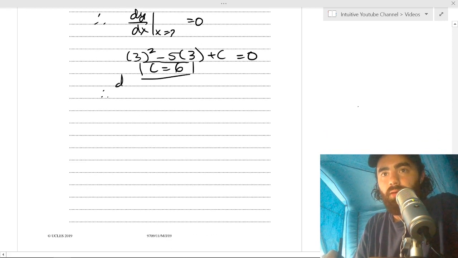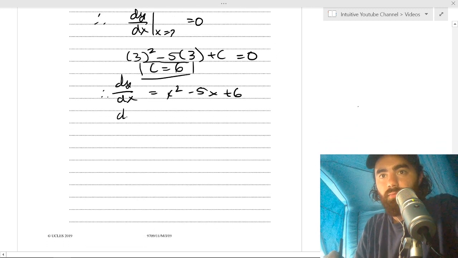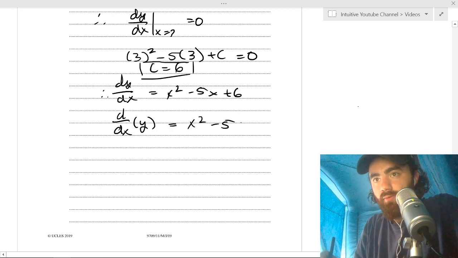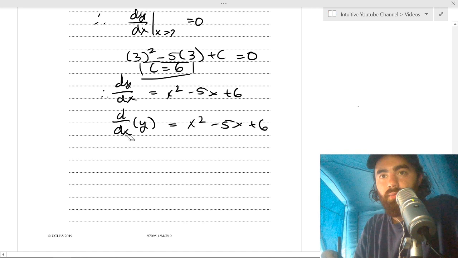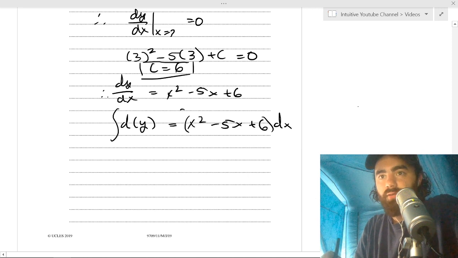So therefore we get dy by dx equals x squared minus 5x plus 6. Again, this is the same as saying dy/dx equals x squared minus 5x plus 6. We can take this dx over and integrate both sides.